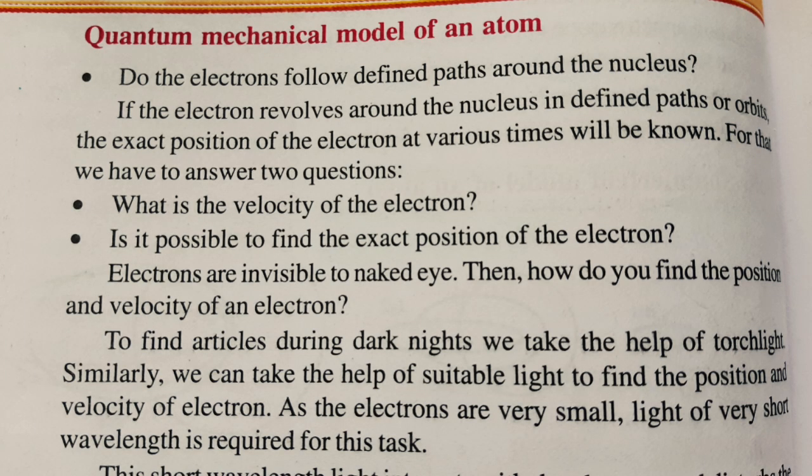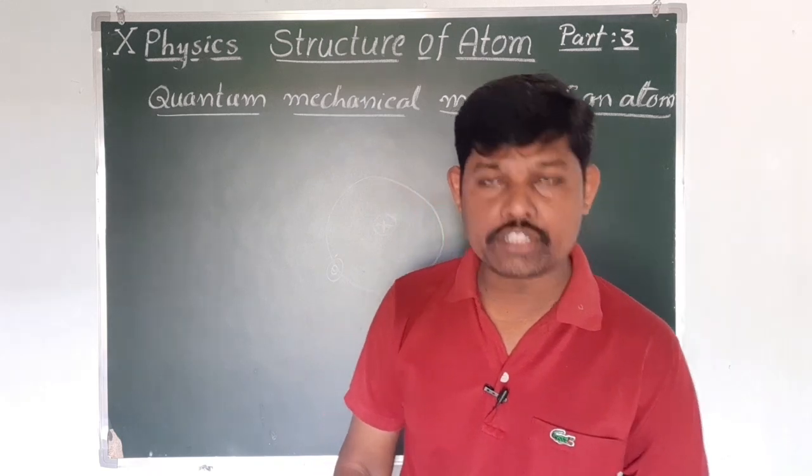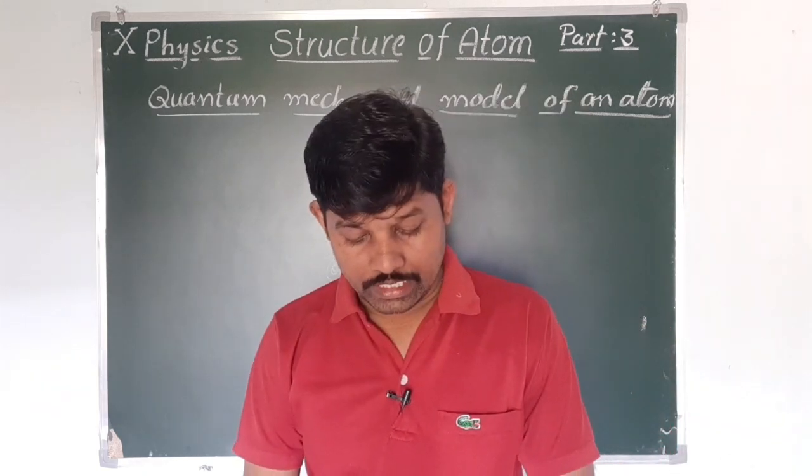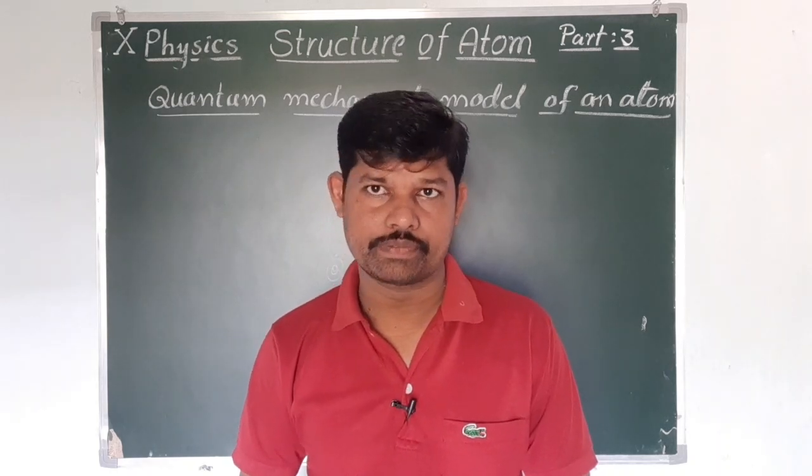Those who have the textbook, please open and watch. To find articles during dark nights, we take the help of a torchlight. Similarly, we can take the help of suitable light to find the position and velocity of an electron. As the electrons are very small, light of very short wavelength is required for this task.